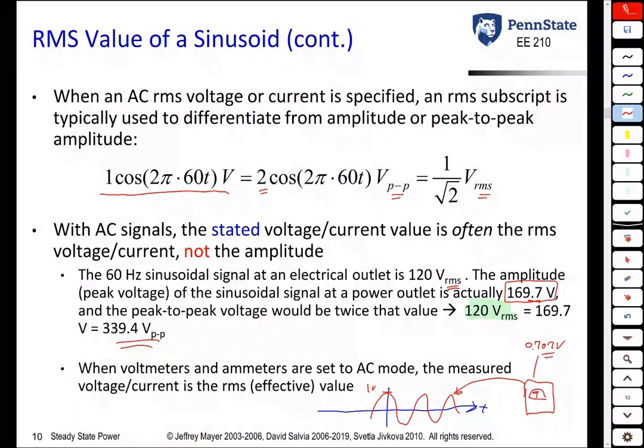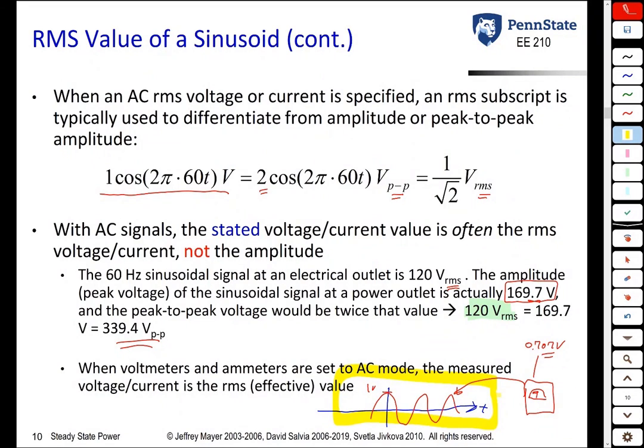In essence, it is the RMS value or the effective value of the sinusoid that really means the most, because it's telling us that this AC signal here with an amplitude of 1 volt has the same power generating capabilities as a DC voltage source of 0.707 volts.